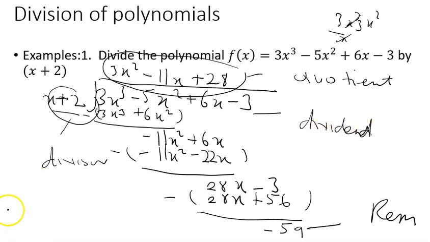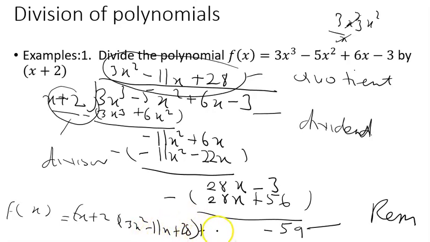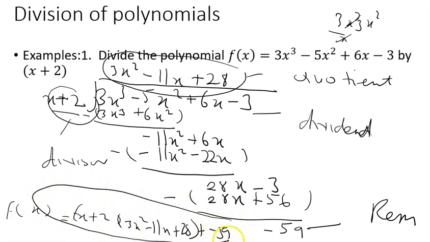So the final answer becomes the function f of s is equal to divisor s plus 2 multiplying the quotient 3s squared minus 11s plus 28 plus remainder minus 59. The final answer for the whole question.